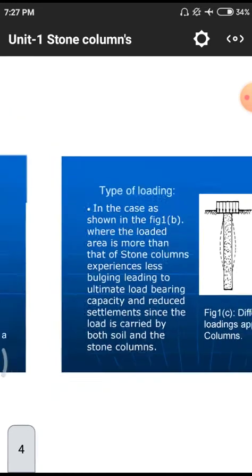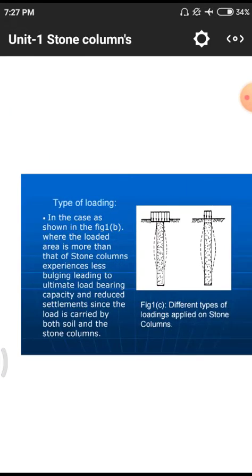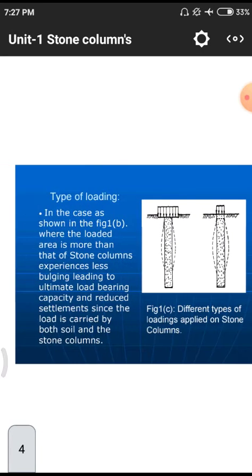After that, how do we need to apply a load on the stone columns? First is the different types of loadings applied on a particular stone column. In case 1C, as shown in the figures, where the load area is larger than the stone column, it experiences less bulging, leading to higher ultimate load bearing capacity and reduced settlements, since the load is carried by both the column and the surrounding soil.